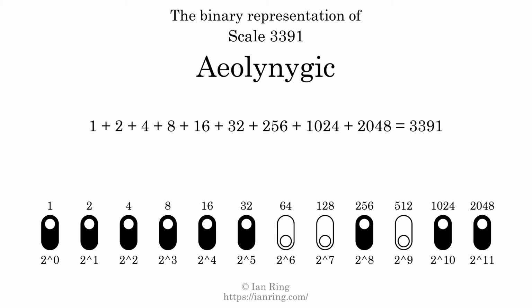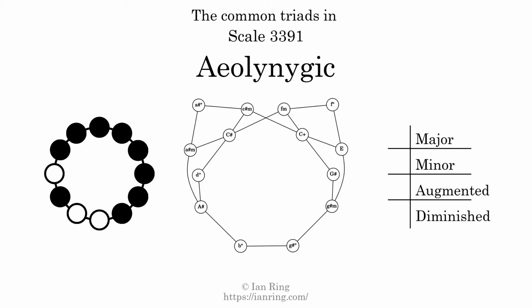That is why the scale number, in decimal, is 3391. The scale number not only enumerates the scale with a unique index, but it also literally describes the tonal content of the scale. Represented as a binary number in base 2, the scale number is 1101001111111.